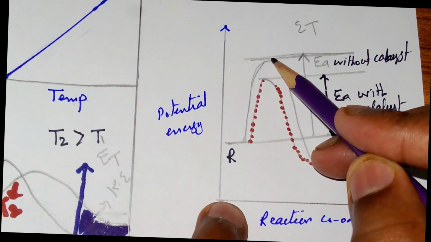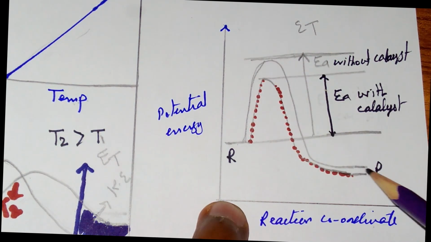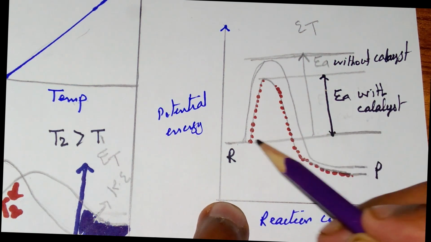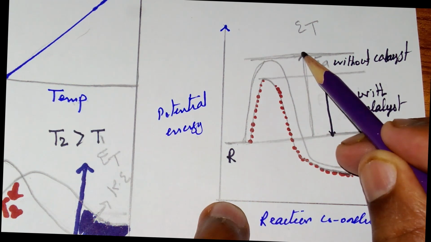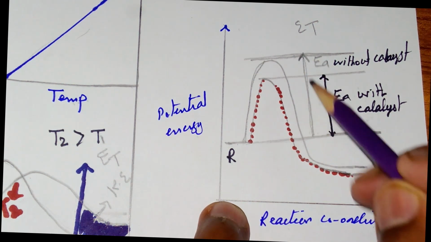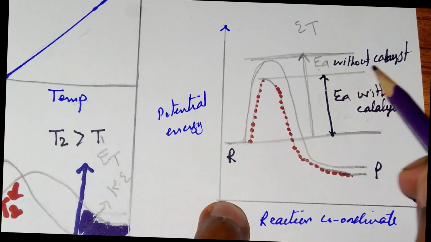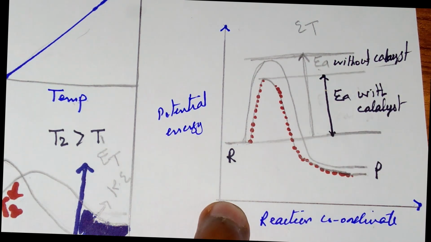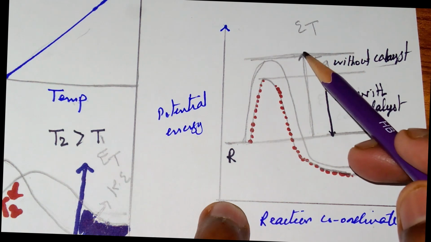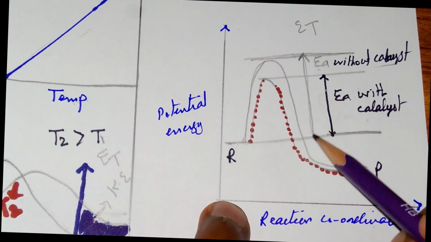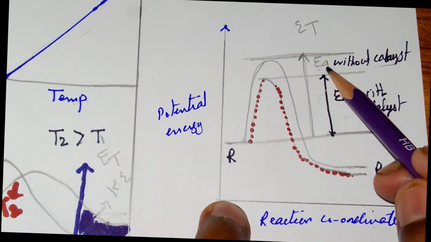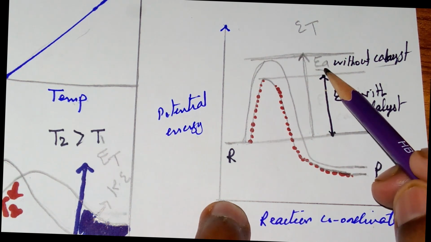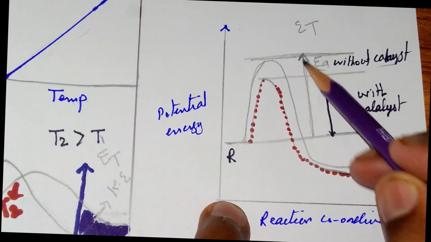Then they go down and form the product. If I draw a line from the reactant up to the threshold energy, you can see that the activation energy without the catalyst is very large. From this point to this point, there is a large activation energy.